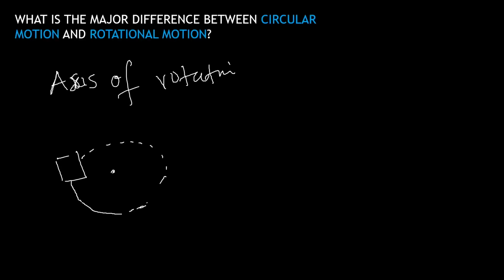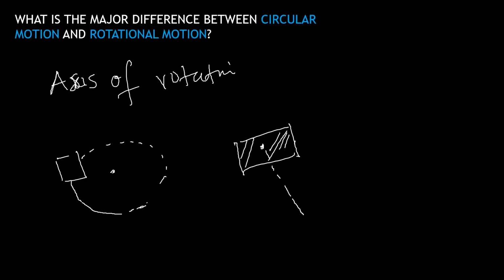But if I have the same body like this, and this fixed point here is located within the body itself, and this body spins or rotates, then we can say the body is undergoing rotational motion.